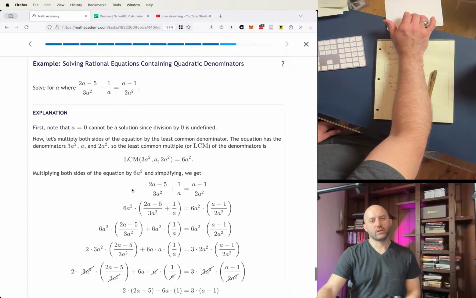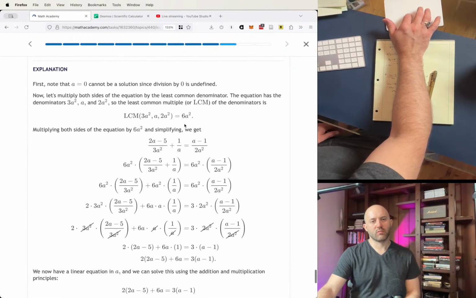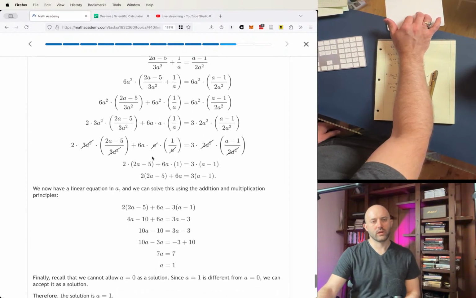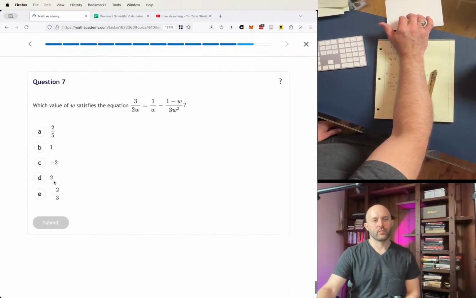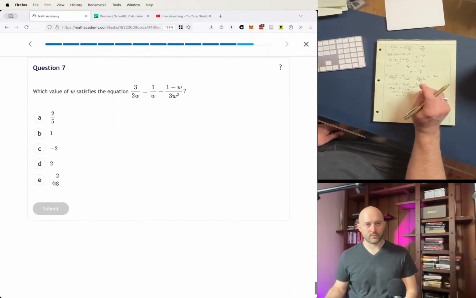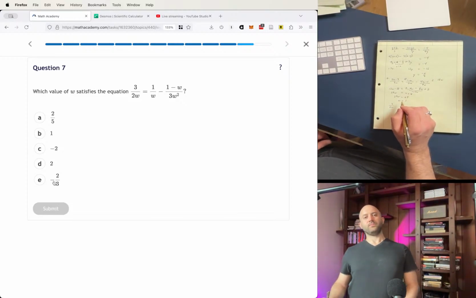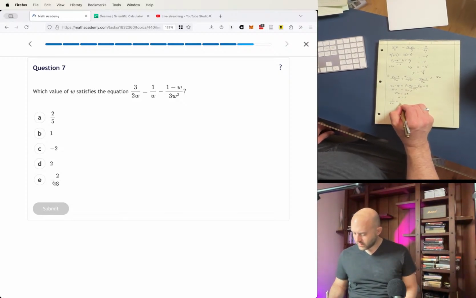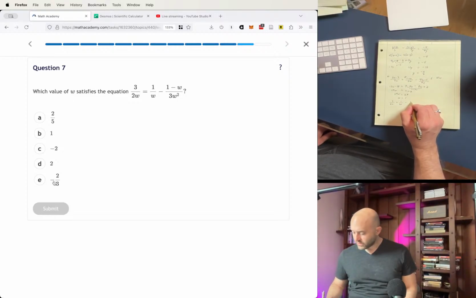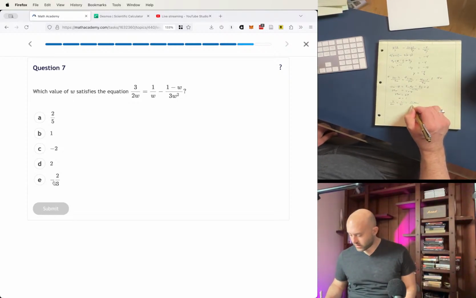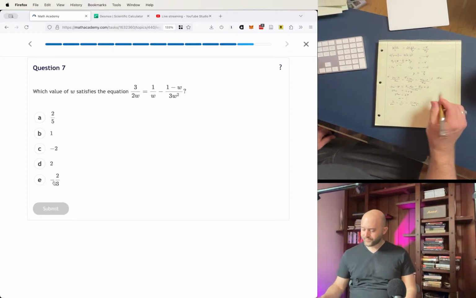Rational equations containing quadratic denominators. Least common multiple has the square in there because you got to do that. Makes sense. Let's keep rolling. 3 on 2w, 1 on w, minus (1 minus w) on 3w squared.